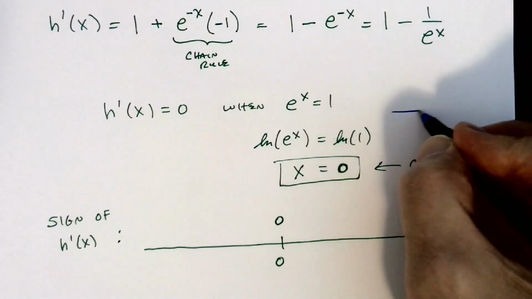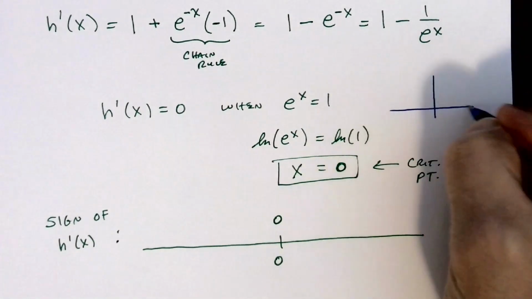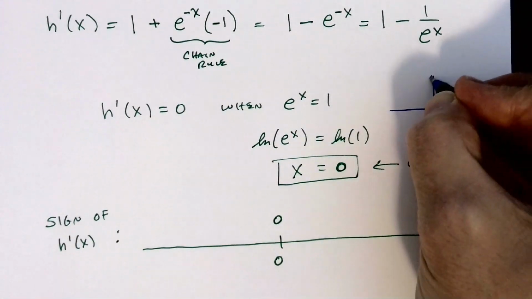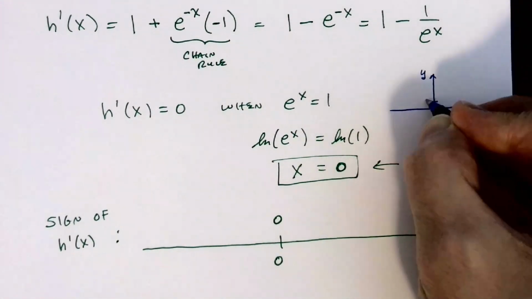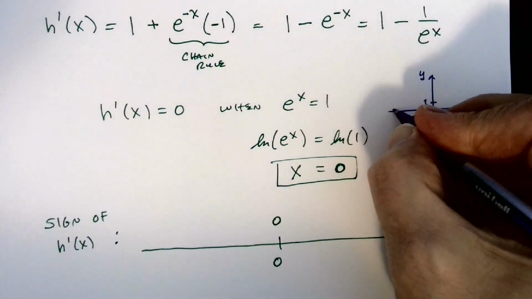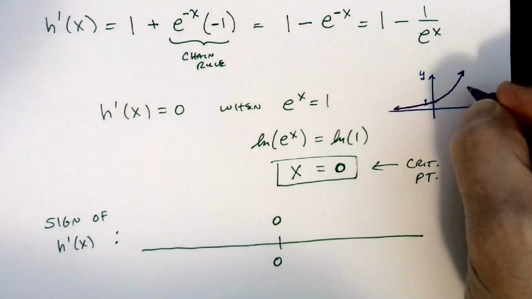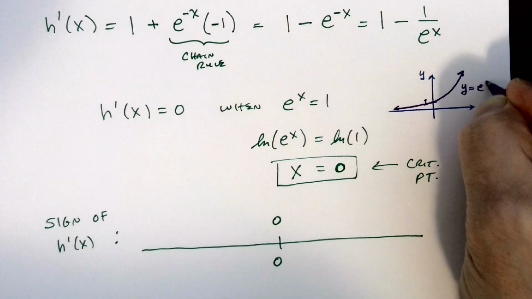All right, here's the graph. You need to know what it looks like, right? So this is x and this is y. 1. The graph of y equals e to the x looks like that.